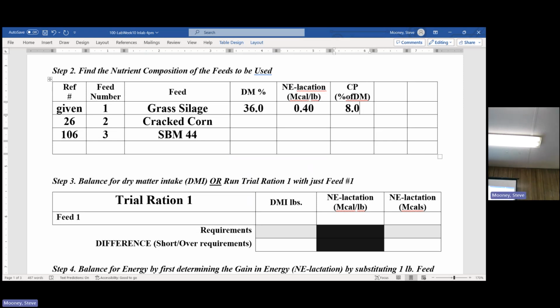We work our way down. We have grain under corn yellow. We have grain, cracked, and dry. So that's cracked corn. What's going to be our dry matter percent for that feed? 88.1.